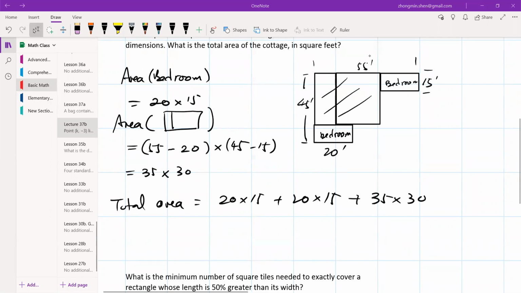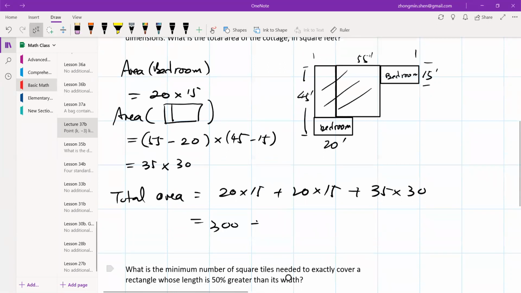So 20 times 15 is going to be 300, and 35 times 30 is going to be 1,050. So add them together, that'll be 1,650.